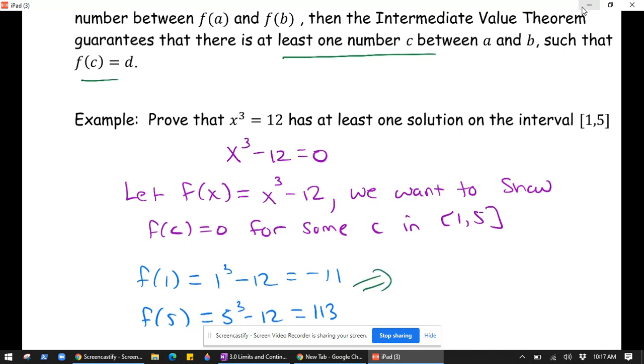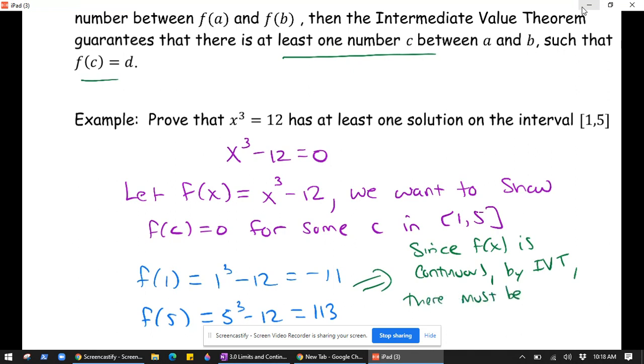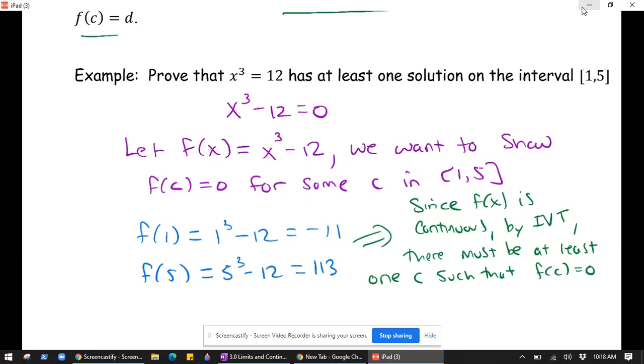So what this implies is, since f of x is continuous, by the intermediate value theorem, there must be at least one c such that f of c equals 0, which implies that f of x equals x cubed minus 12 has at least one zero on the interval 1 to 5.